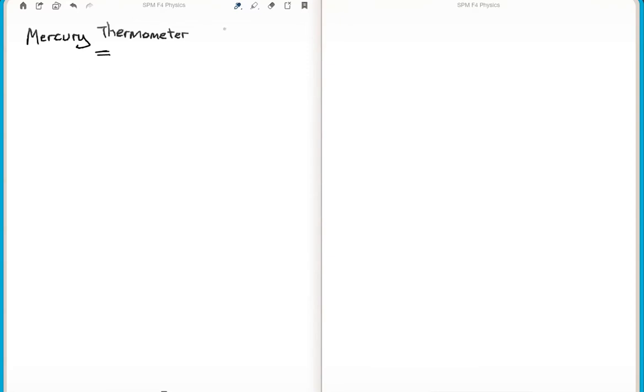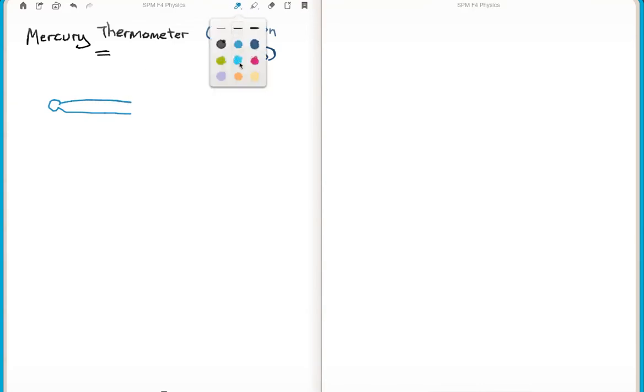So for the mercury thermometer, the thermometric property is the expansion of volume. Expansion, these are the keywords. The objective is the expansion of mercury. Mercury is Hg, Hydrargyrum, its scientific name. Look at the construction, how it's built. It has a small bulb, a thin layer of glass, and a long glass tube.